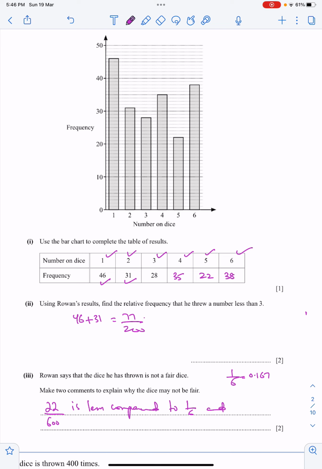The maximum here we can see is 46, so 46 upon 600 is 0.076, which is also too less.